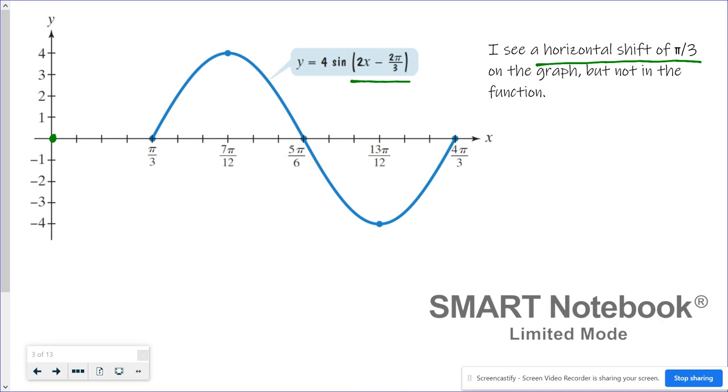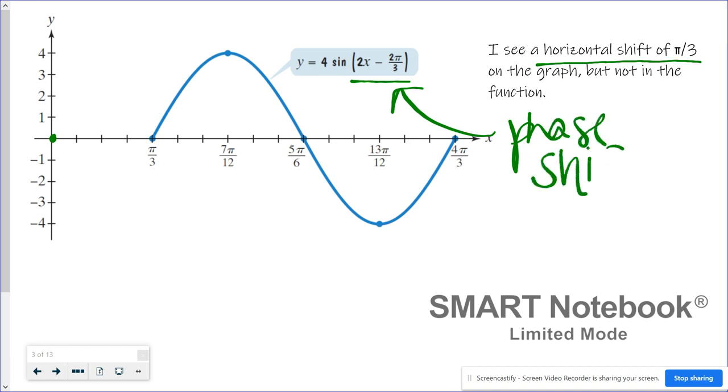Okay. So what is that 2 pi over 3? Well, that 2 pi over 3 is the phase shift. So we're just going to analyze it as the phase shift. I would say there's a phase shift of 2 pi over 3 to the right.